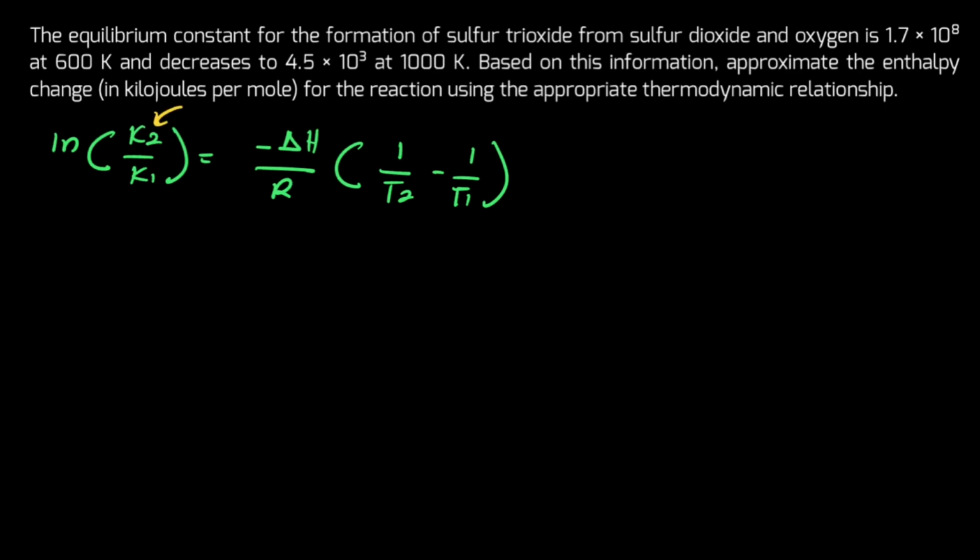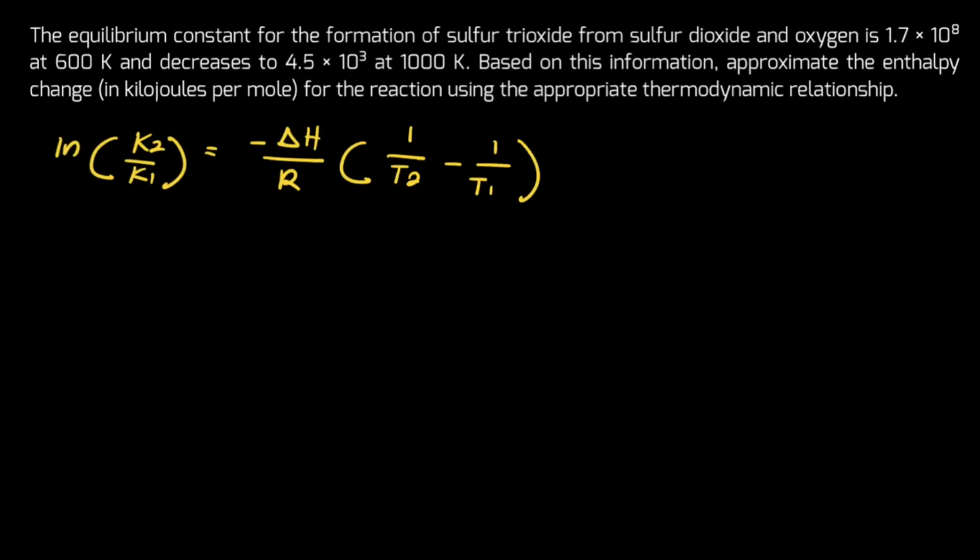Actually, if you want to use K1 divided by K2, you can, but make sure this one is T1 minus T2. So it's interchangeable, so you can use whichever formula you feel comfortable with, as long as you put the temperature and the K, which is the constant, in the appropriate position.